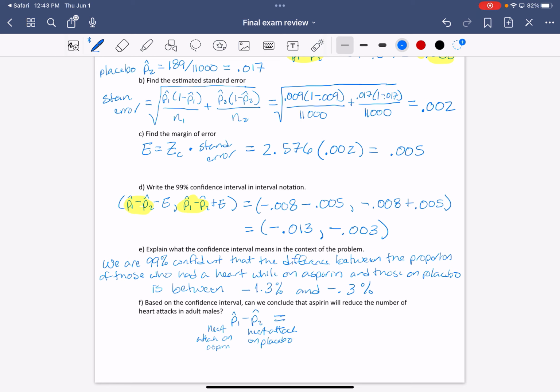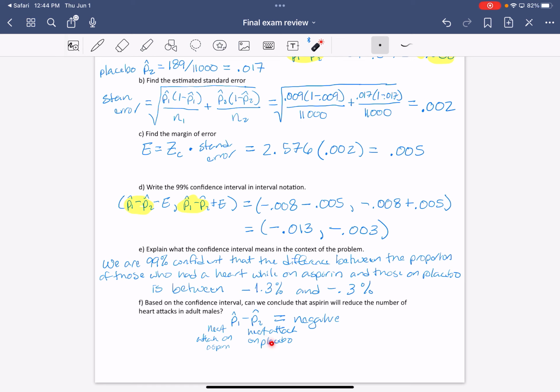And since our confidence interval only had negative results, we're saying that this minus this has to be negative. And if that's the case, in order to get a negative result, which one has to have more heart attacks? The placebo has more heart attacks.